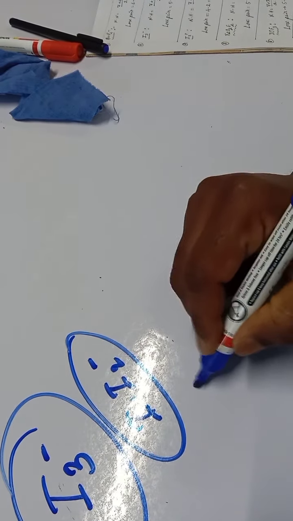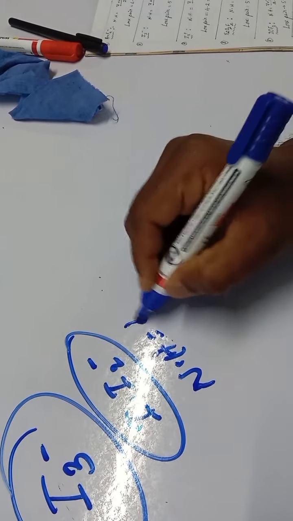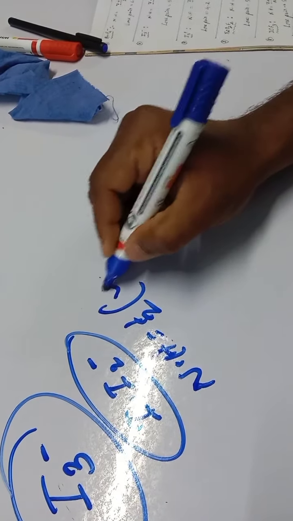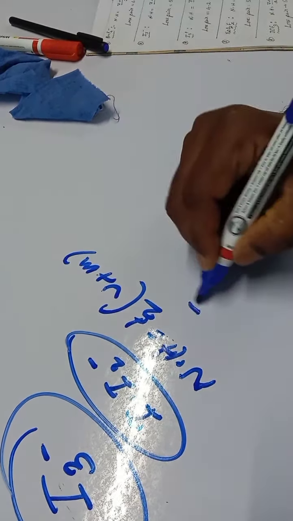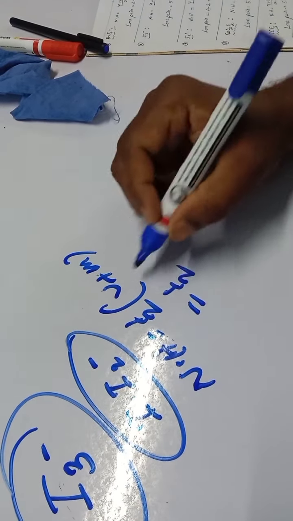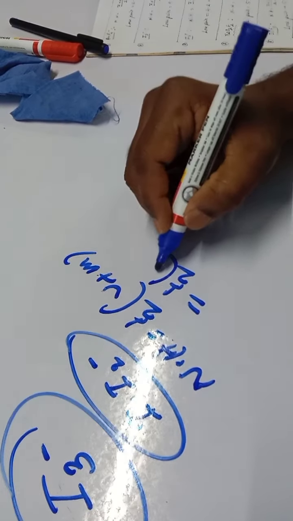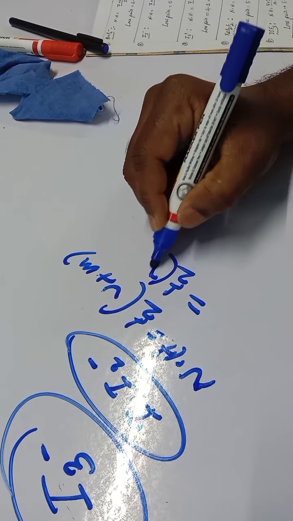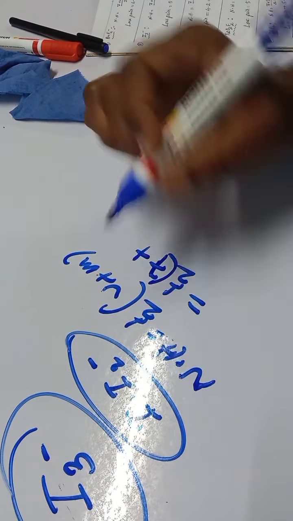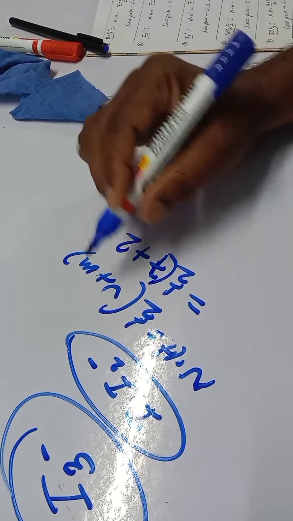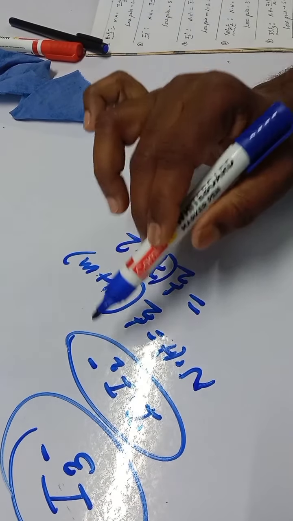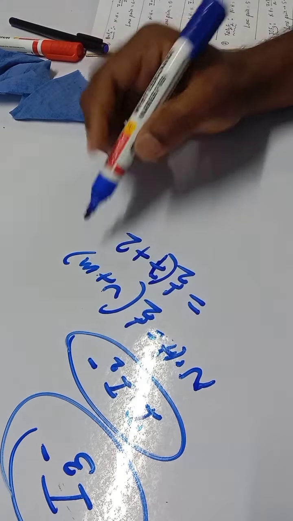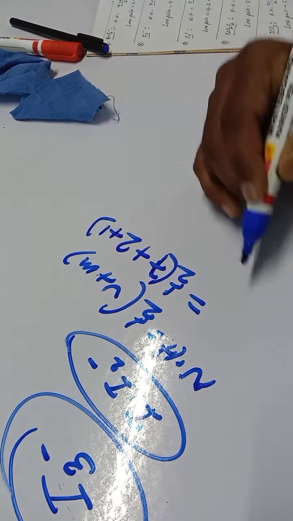You may write NH equal to half of V plus M, equal to half of valence electron 7 plus number of monovalent atoms 2, and the negative charge 1, that is plus 1.